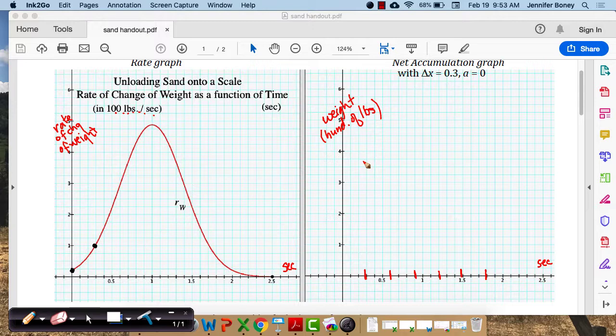It's not necessarily the total weight of sand on the scale. There could have been 500 pounds of sand on the scale when we started at time 0, and then we added some. So this is the added weight, in hundreds of pounds, since time 0. Since x equals 0, since that's when we started, a equals 0. So it's the added weight labeled in hundreds of pounds.